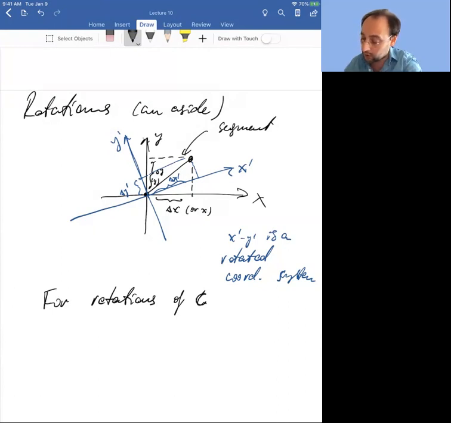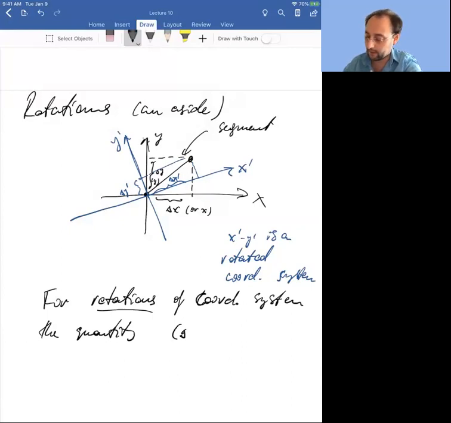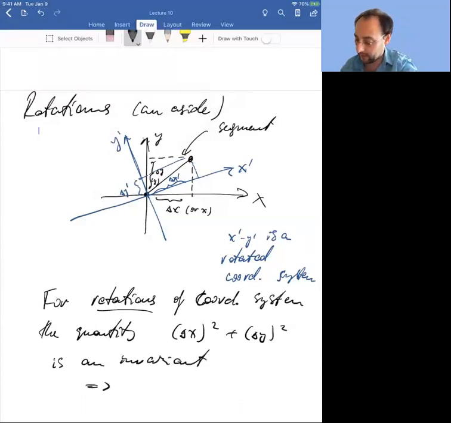So for rotations, the quantity delta x squared plus delta y squared is an invariant. It is the physical length of the segment, or length squared.